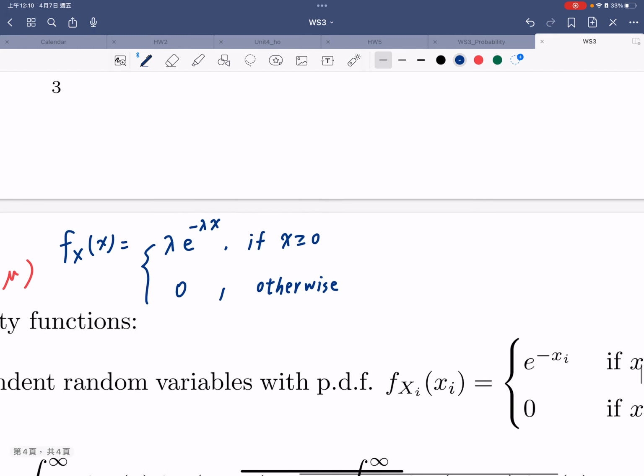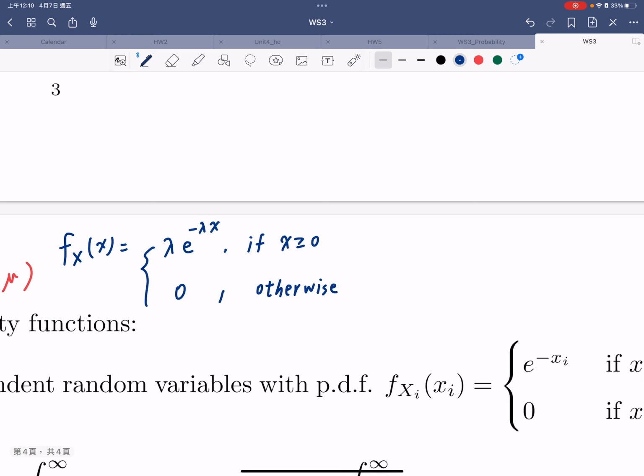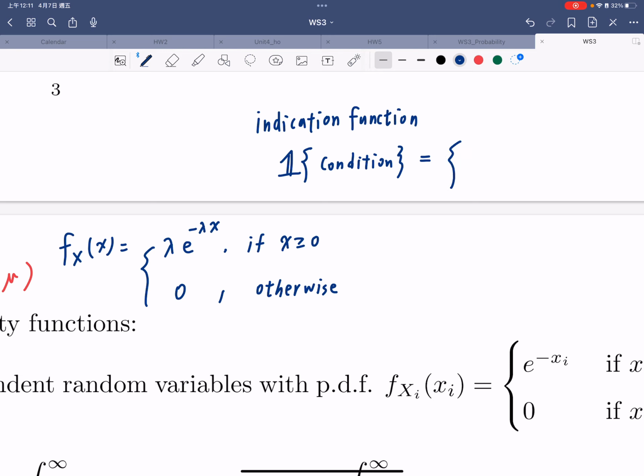Or we can use an indication function. We often use this function. So the indication function is 1 given that the condition holds. So this function is basically 1 or 0: 1 if the condition holds, 0 if not.